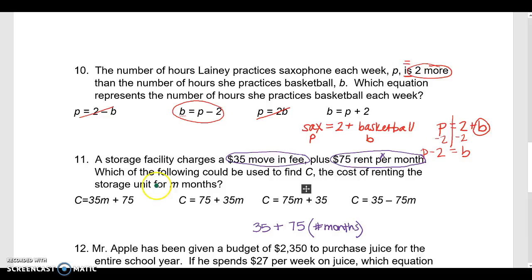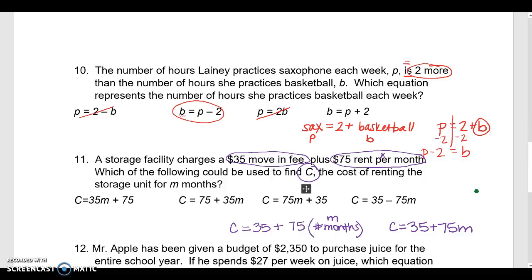So let's look at the situation. It says, which of the following could be used to find C, the cost? So, right, the cost is the move-in plus the rent. So C equals the cost of renting it for M months. So number of months is M. So let's see, 75M. So C equals 35 plus 75M. Now what if we wanted to write it in Y equals MX plus B form, right?